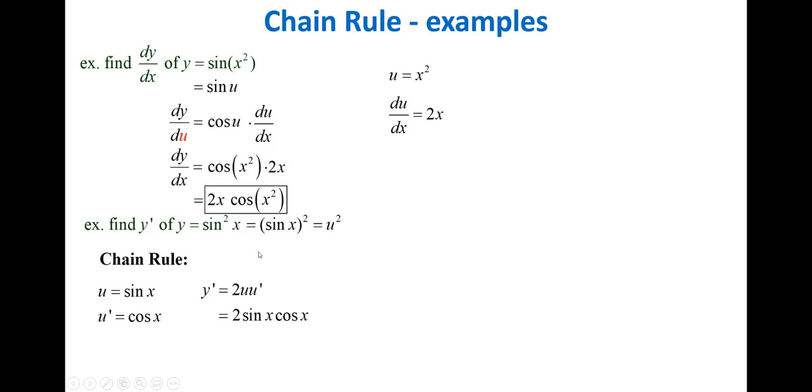The second way to do this, because you don't always have to use chain rule in this case, would be to use product rule. Instead of writing this as sine x squared, I wrote this as sine x times sine x. Then here we have f, here we have g, and this will become f prime g plus f times g prime, right?